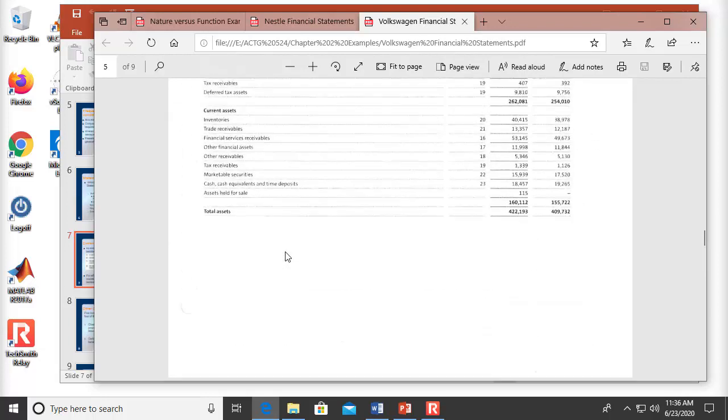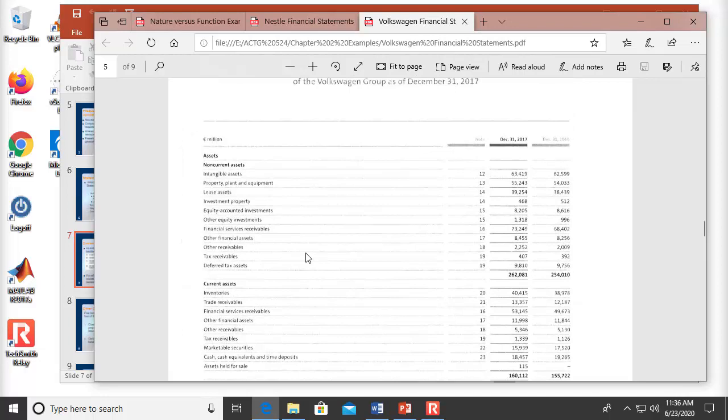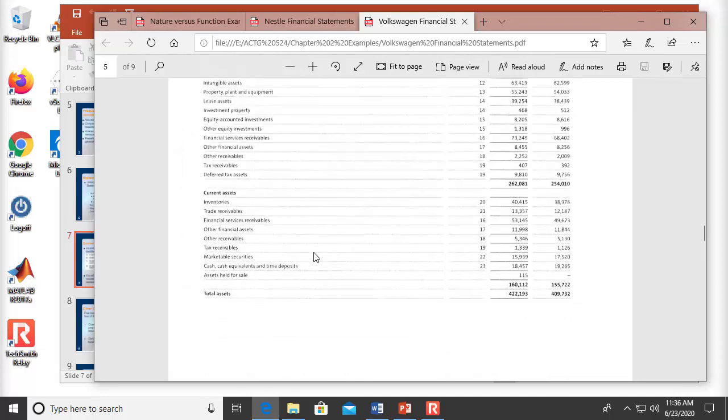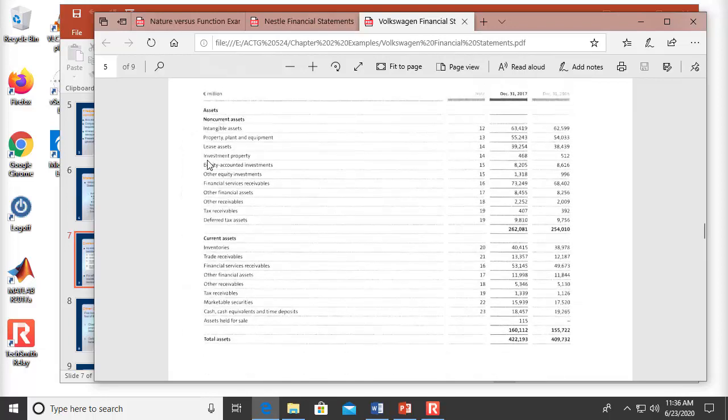As far as interesting things that Volkswagen has on their financial statements, notice that they have some investment property. Not a lot relative to their total assets; it's a very small amount. But we learned about investment property, how they're purchasing assets that are intended to earn rents or to have capital appreciation.